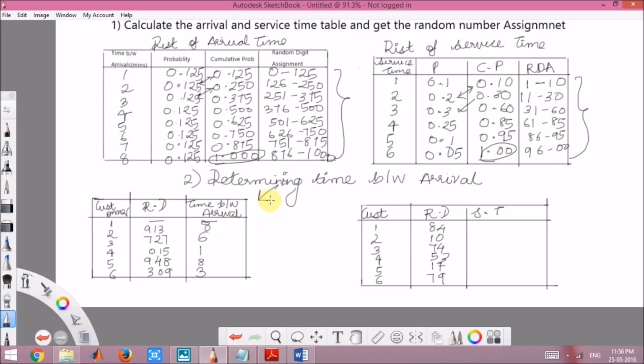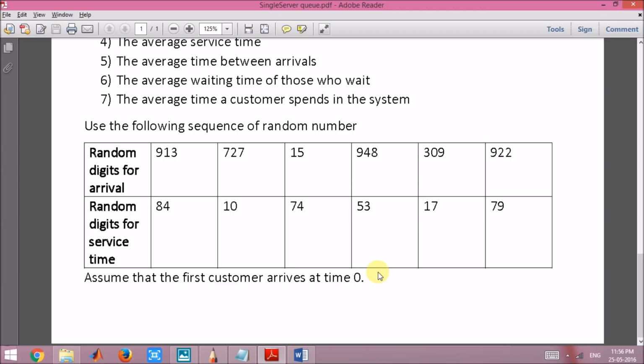Similarly, this is for arrival time. We also need to calculate one for the service time. We do that using the same method, but here we don't keep the first customer as nil, because the first customer will have some service time. So this is the random digit again got from this table.